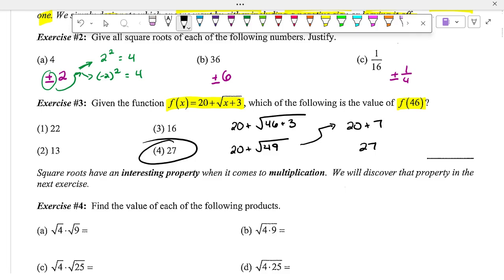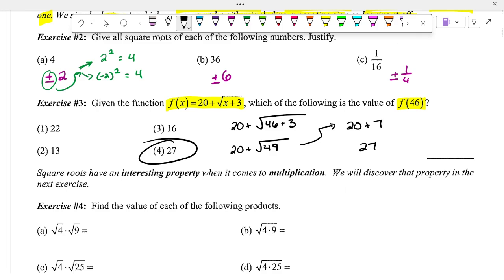Remember the old perfect squares. As honors, you guys need to at least memorize your perfect squares up till, I would say, about 16. And also know the ones that end in 0, like 20 squared, 400, 30 squared, 900, and so on and so forth.